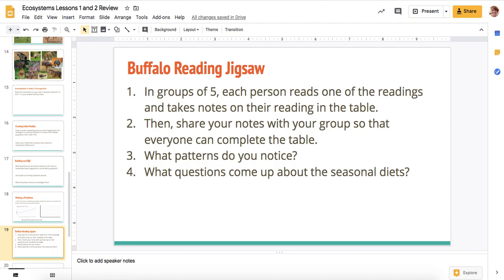Buffalo compete for these foods with wildebeest, zebra, and gazelle, but only during the dry season, because during the wet season the wildebeest, zebra, and Thompson's gazelle migrate away and the buffalo don't, so they don't have to compete with them.